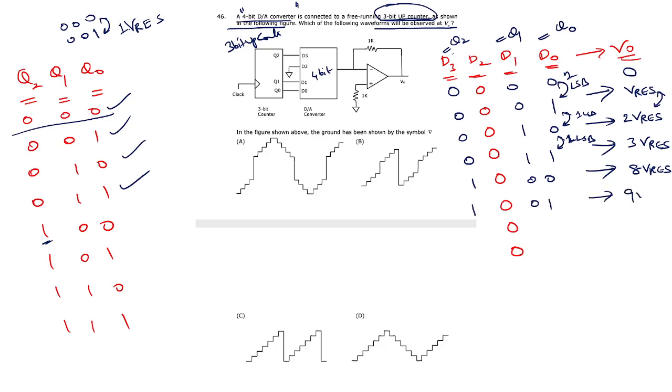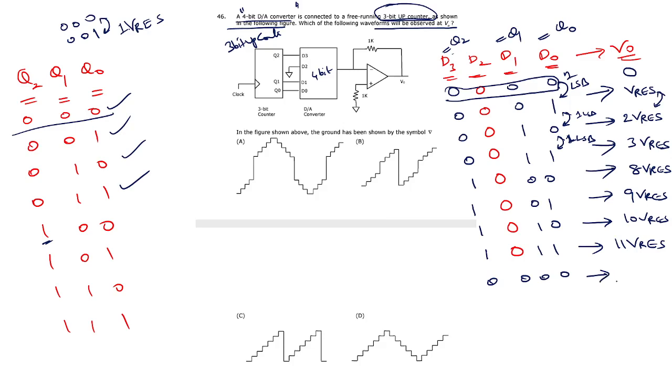This is 9 times V resolution. Then 1, 0, 1, 0. This is 10 times V resolution. Then 1, 0, 1, 1. This is 11 times V resolution. After that, again you will get 0, 0, 0, 0.